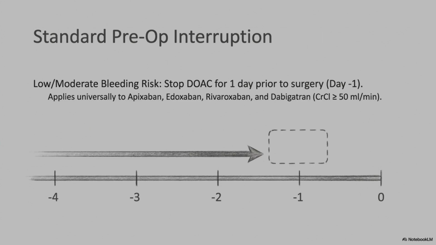So for low to moderate bleeding risk procedures, like any endoscopy with some biopsies, all you need to do is stop the DOAC 1 day prior to the procedure. This applies to apixaban, edoxaban, rivaroxaban, and dabigatran, as long as the creatinine clearance is more than 50 ml per minute.